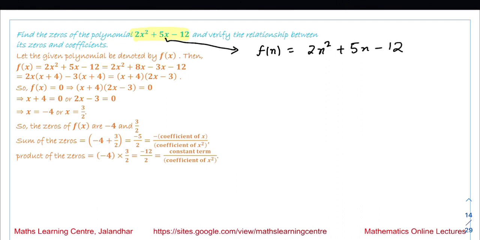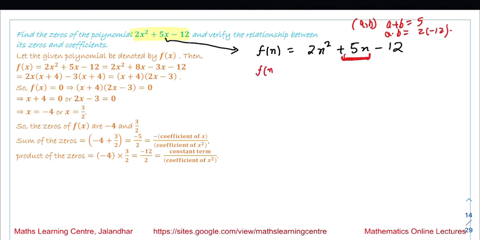We are splitting the middle term. Splitting the middle term means that we split this term in such a way that if I am talking about two numbers a and b, then a plus b should be equal to 5 and a into b should be equal to 2 into minus 12.